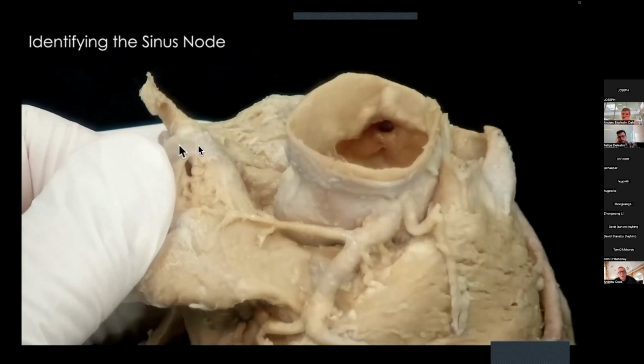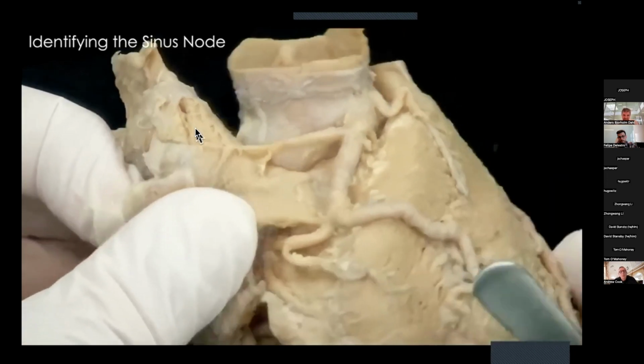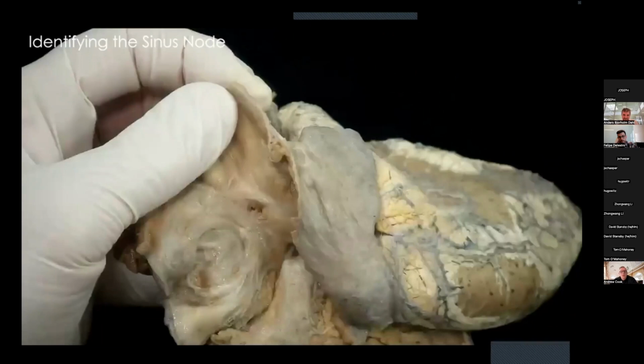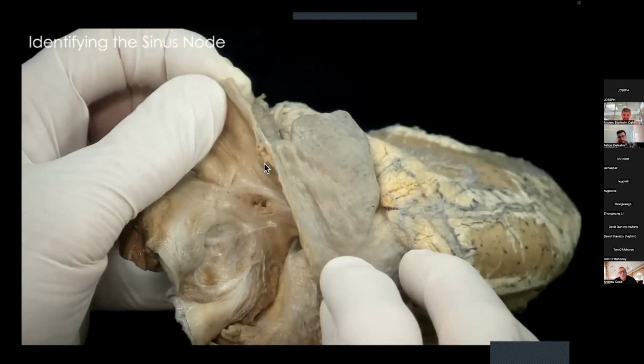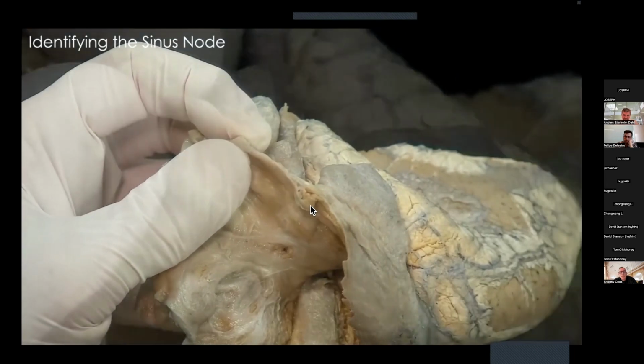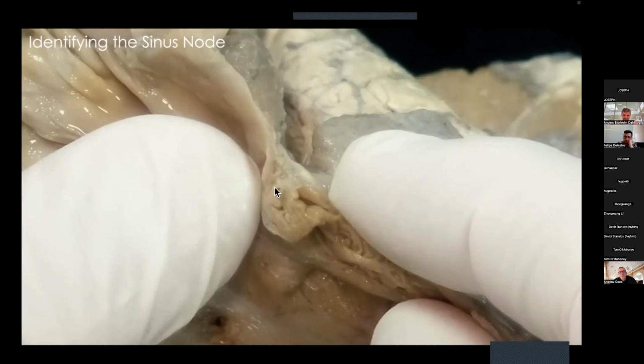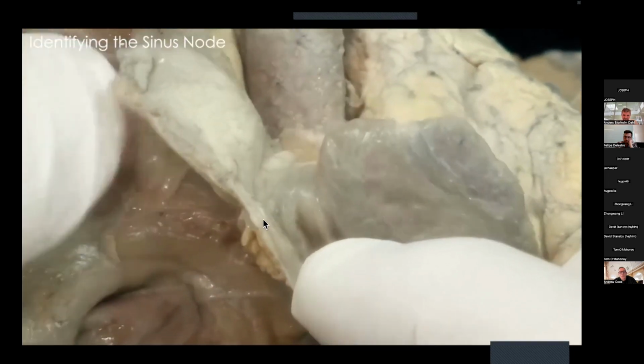It runs up over the roof of the right atrium and supplies the sinus node. If we cut across that region, surgeons wouldn't do this, you'll see this tiny little artery supplying the sinus node.